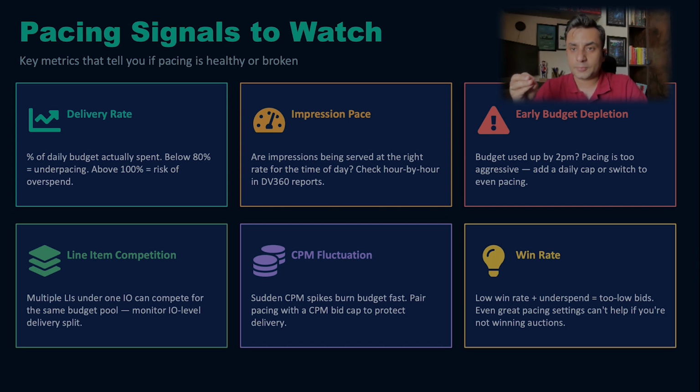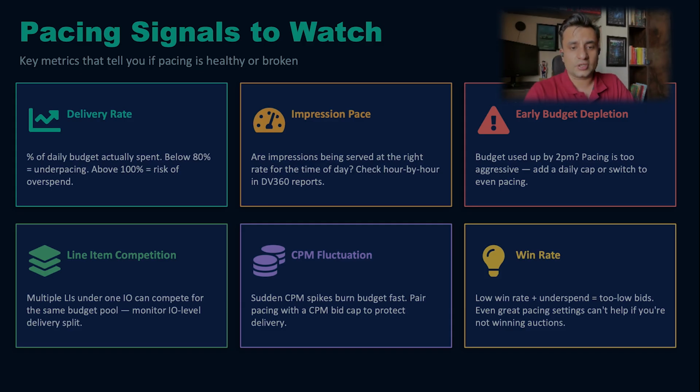So manually keep on checking. If some of the LIs are not able to spend that budget, you need to move it to manual allocation and then allocate your budget accordingly, because maybe your client or advertiser wants certain creatives to be shown more than the others.